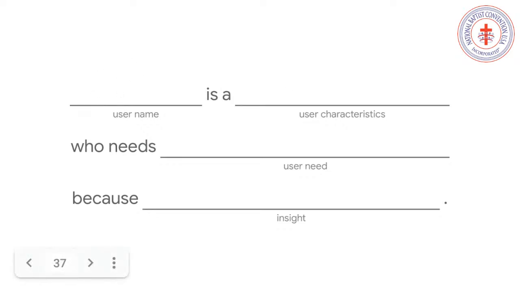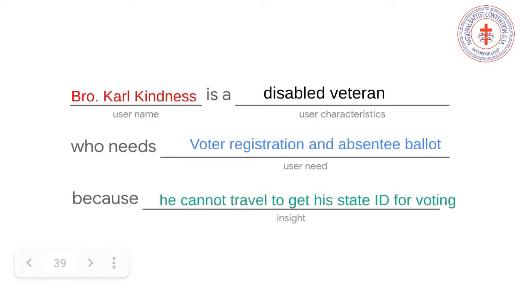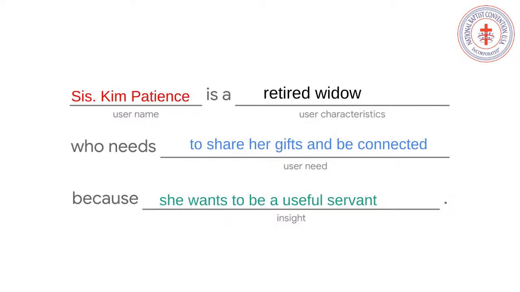So let's say if there's a person here, we're naming the user Brother Carl Kindness. Here we made an example where maybe a disabled veteran needs voter registration, absentee ballot information, or maybe he needs to get access to VA services, and in this case he can't travel or get his state ID for voting.